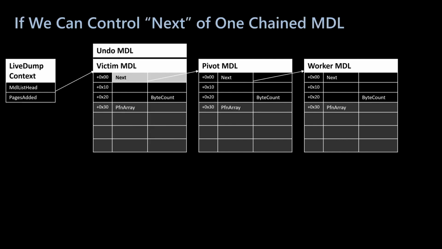With the pool shaping approach I discussed, it is possible to make the LeftDump MDL the victim MDL and allocate it after the undo MDL. Triggering the out-of-bound write will modify the next pointer of the victim MDL. S list will be diverted to a pivot MDL under our control.